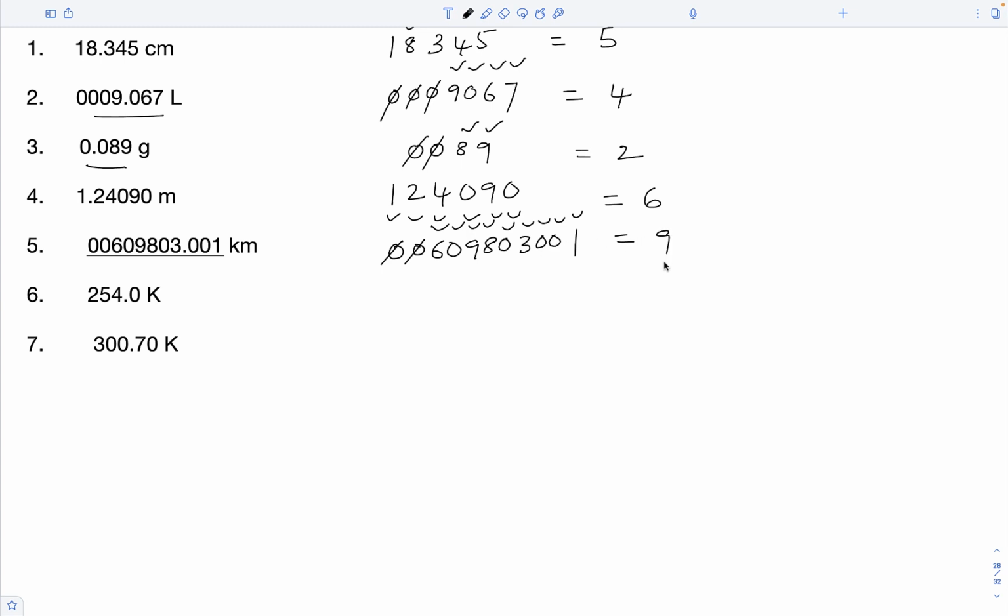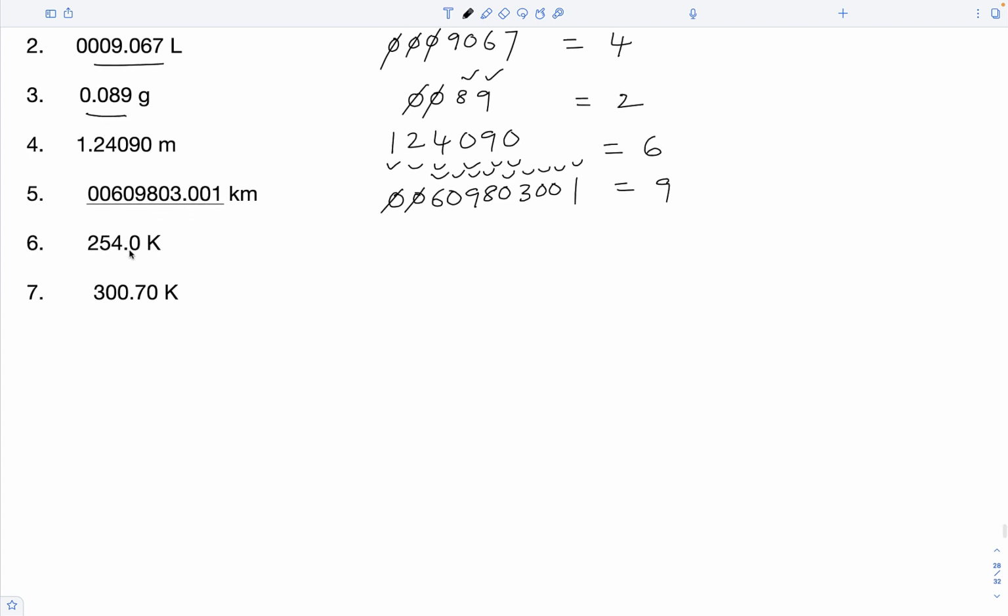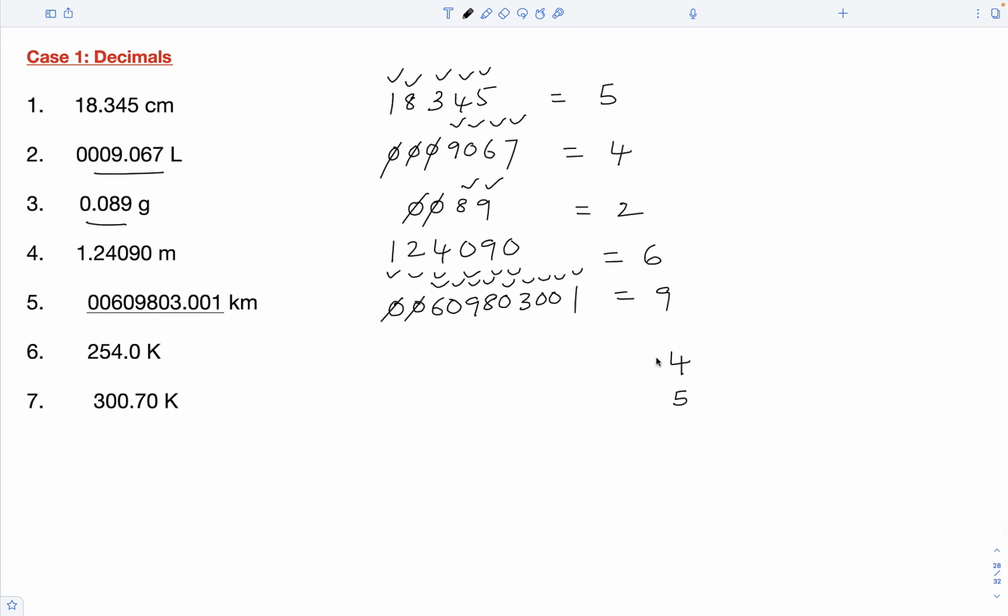Is it 9? So there are 9 significant figures in this measurement. And in this measurement, there are 4 significant figures, and in the 7th measurement there are 5 significant figures. So figuring out significant figures in case of decimals is very easy.